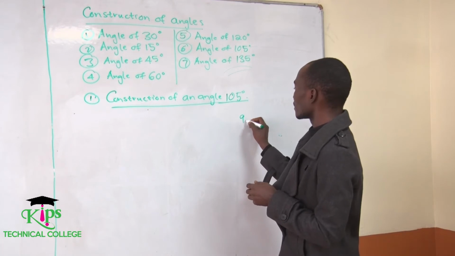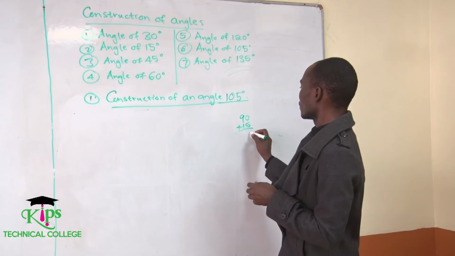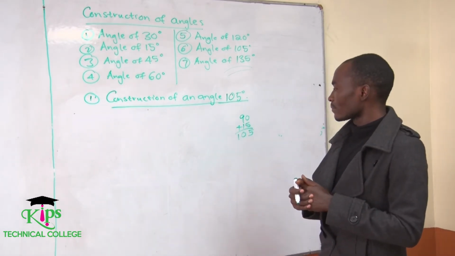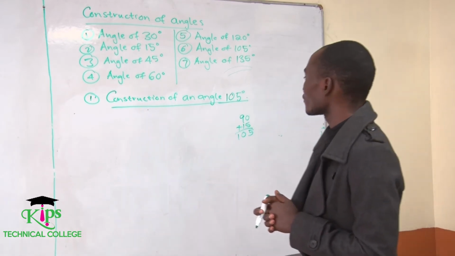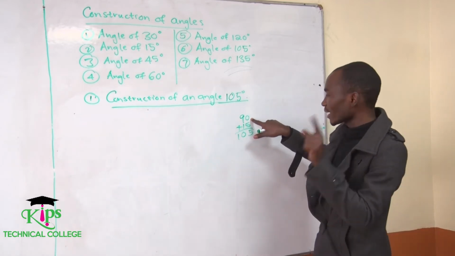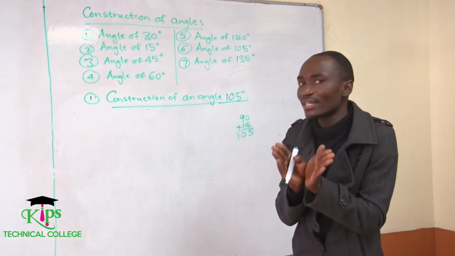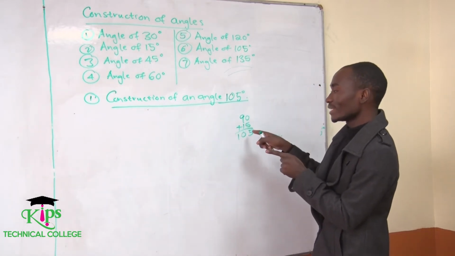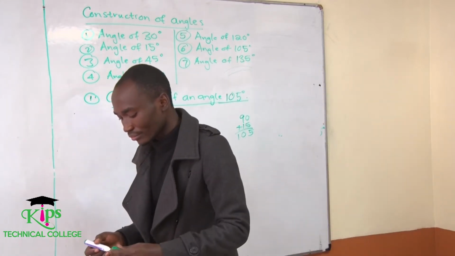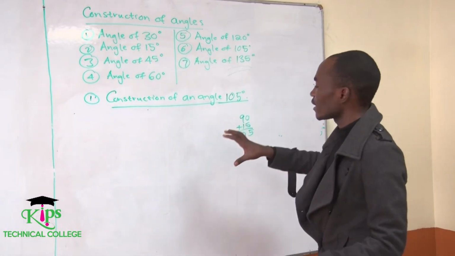If you take 90 plus 15, this is 105. So what does that tell you? First of all, you will construct an angle of 90. Then again, you will bisect 30 degrees to get your 15 degrees. So let's begin. Let's construct now the 105 degrees.